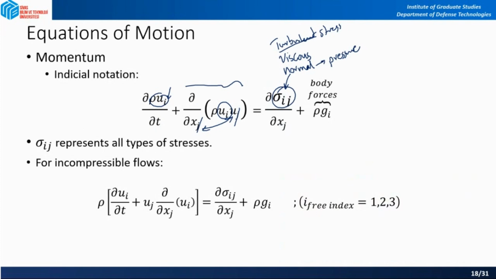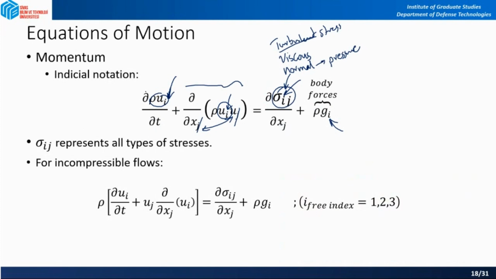As you see, this first term has i, second term has i, third term has i, and fourth term also has this i free index inside. So it will be consistent.